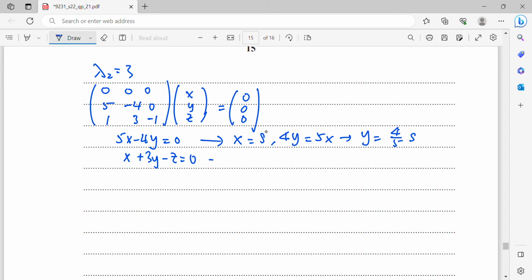Okay, so now from the second equation, I will be getting my z. So my z move to the right side, it will be x plus 3y. So s plus 3y. So now I will get s plus 12 over 5s, which is 17 over 5s.